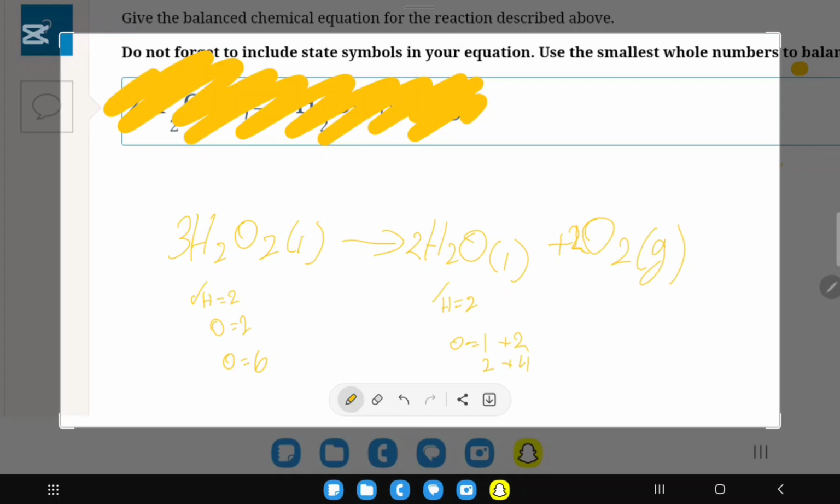The O is now both 6, so O is balanced, and we have to go back and check hydrogen again. Now we have H equal to 6 and H equal to 4. So we can see that 3, 2, 2 doesn't work because hydrogen is not balanced anymore. We try another number.